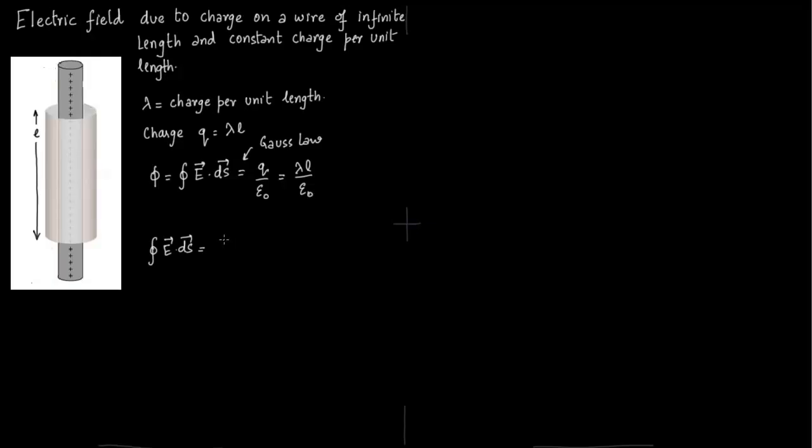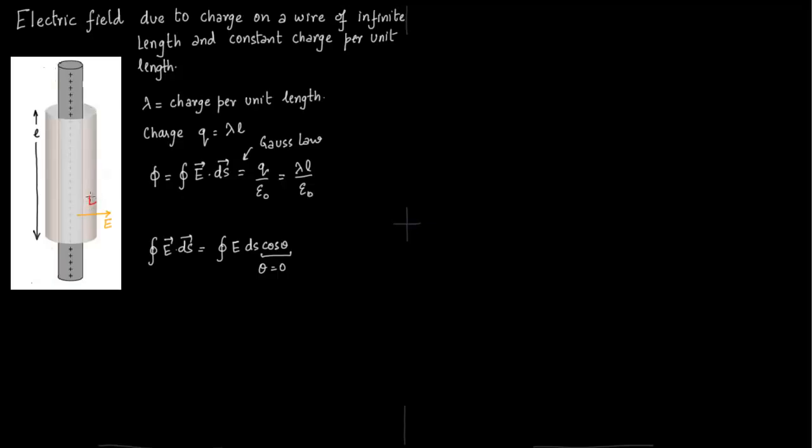Now E vector dot dS vector would be the integral of E dS cos theta. We will show this cos theta is 1 since theta is 0. So let us see why theta is 0. You see the electric field is generated by the wire, so the electric field is going to come out of the wire.